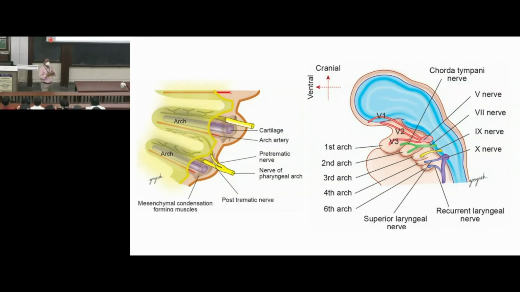General sensations are carried by the lingual nerve, which is a branch of the mandibular nerve, which is the fifth cranial nerve, which is the first arch nerve. Chorda tympani is a branch of the facial nerve, which is the second arch nerve. But chorda tympani is a pre-trematic branch, so going in front of that first cleft. So it carries taste sensations from the anterior 2/3 of the tongue, which is derived from the first arch. So this is the explanation for the same.